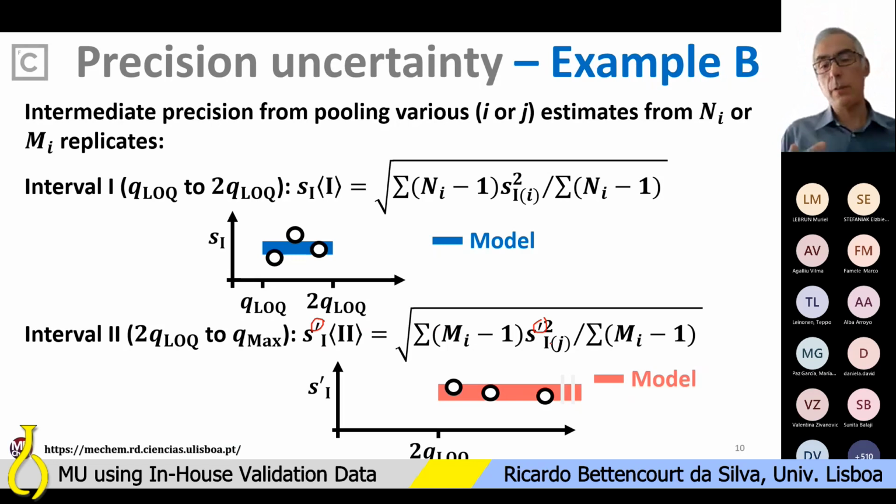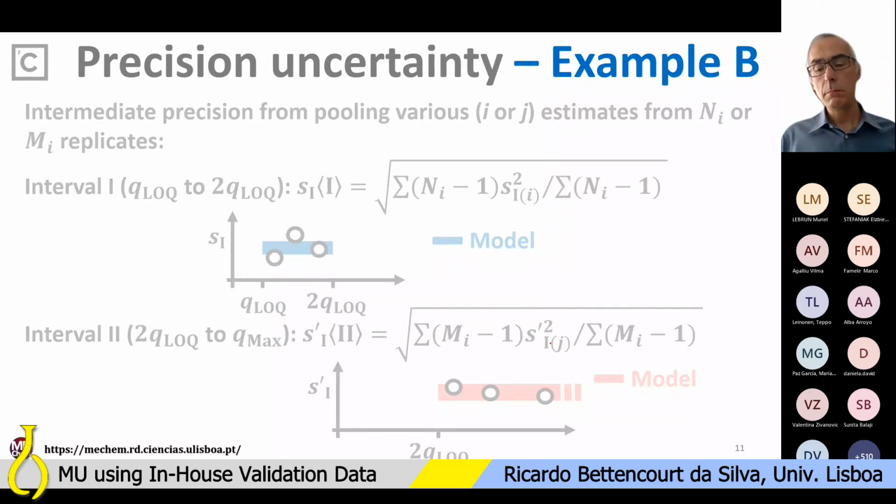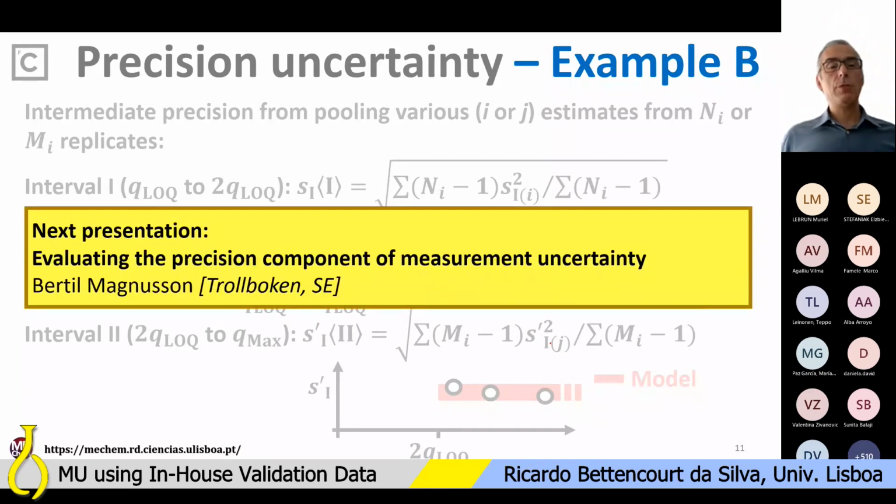You can improve your model if you get an additional interval above 10 times the limit of quantification. Basil Magnussen will say some additional things on this subject.